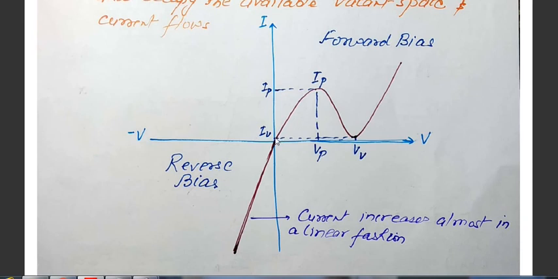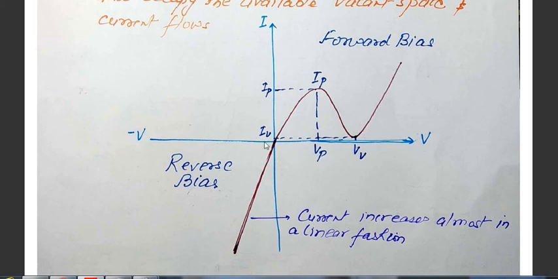We can see initially it is going to increase and the maximum value will be reached at IP corresponding to this VP voltage, and above this VP if we further increase the voltage then we will see a decrease in the amount of current, and this IV will be the valley current corresponding to VV, the valley voltage, and above this VV voltage the diode will act as an ordinary diode.